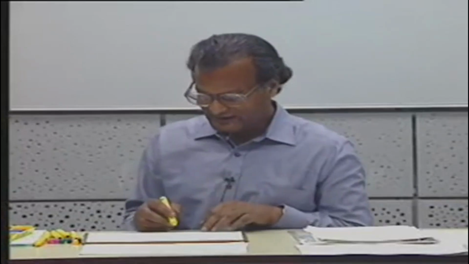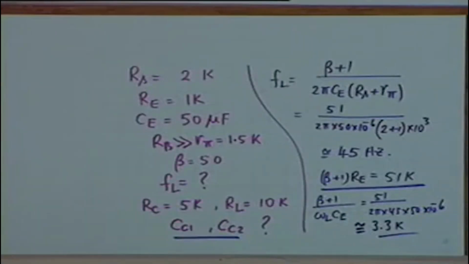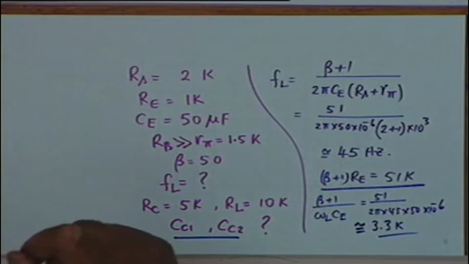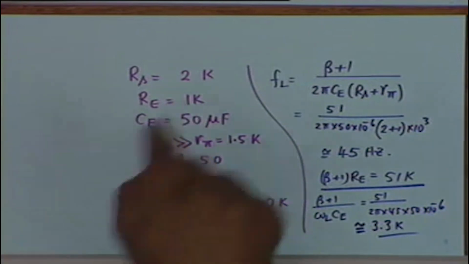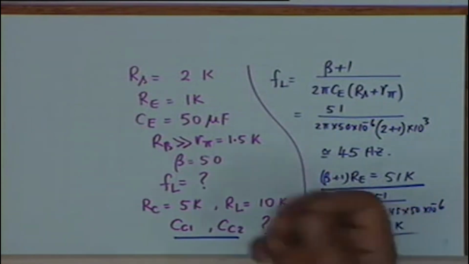The next point is how to choose CC1 and CC2. If we recall what we did, the design philosophy is like this. With this omega L, you calculate the required value of CC1 and CC2 and call them CC1 prime and CC2 prime. Then in the actual circuit you use at least 5 times this value.